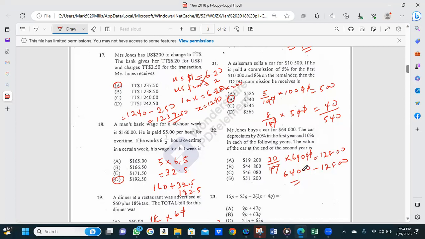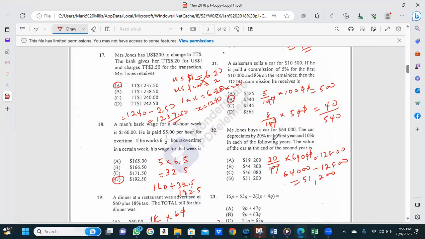Somebody help me now quickly. 51,200. You get 51,200.